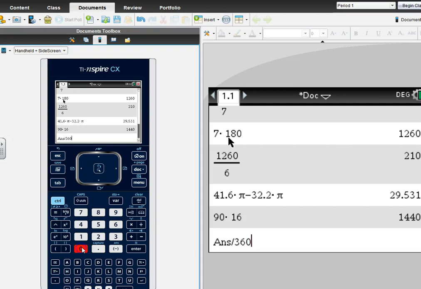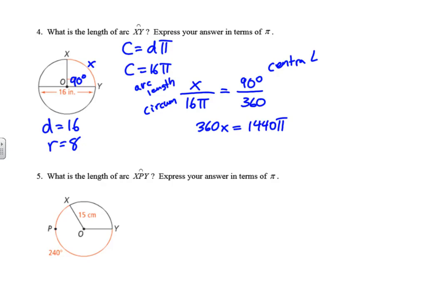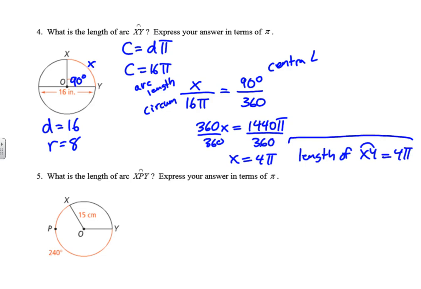We're going to leave it in terms of pi, so I'm not putting the pi in the calculator. And that comes out to be 4. So when we divide that by 360, it would be 4 pi. Okay, so the length of XY equals 4 pi inches.